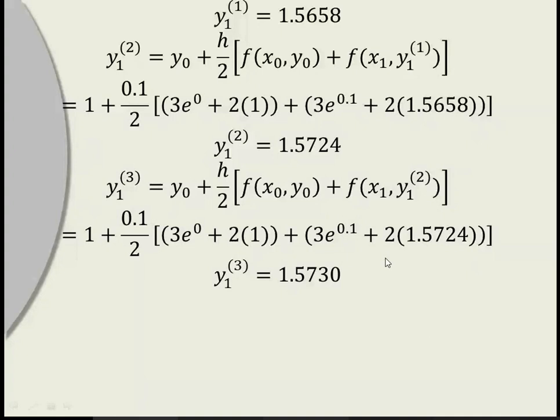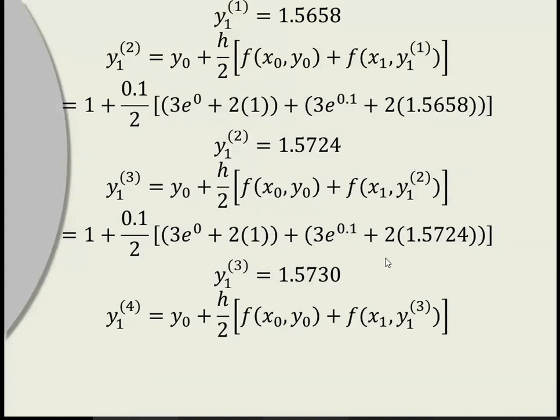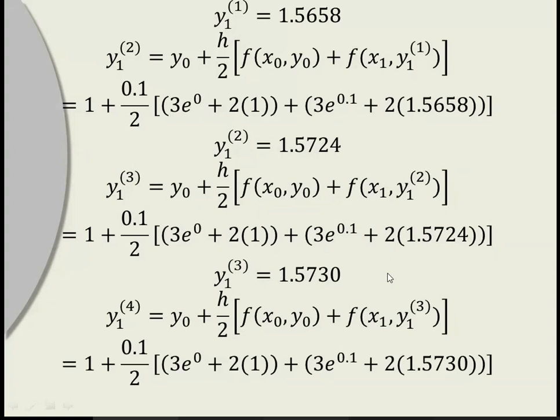Suppose we want up to 3 digits, so we'll do some further iterations. Say the fourth iteration: replace this y1 at second iteration by y1 at third iteration. So do the simplification with these terms. So the fourth iteration will be 1.5731. And you can see that these two are matching up to 3 decimal places.